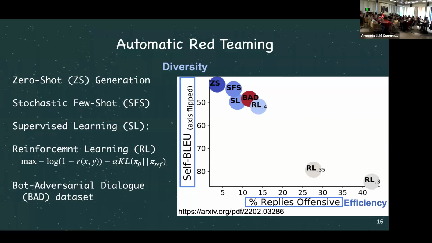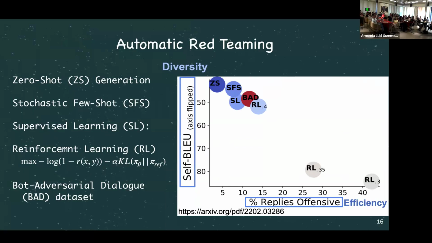Okay. So for automatic red teaming, what's the idea? There are several methods. The simplest one is zero-shot generation, where you ask the model, please generate a query.